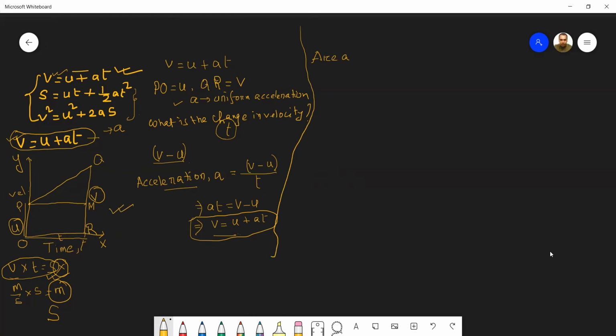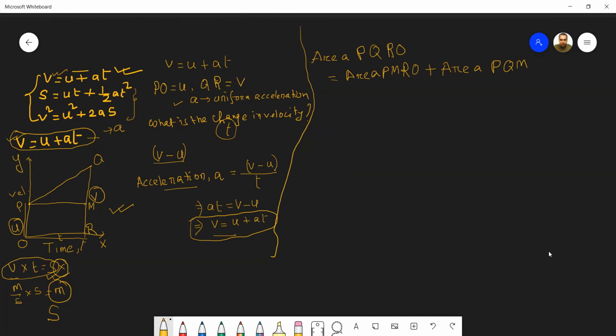So the area of PQRO is equal to the area of the rectangle PMRO plus the area of the triangle PQM. PQM is the triangle and PMRO is the rectangle here.